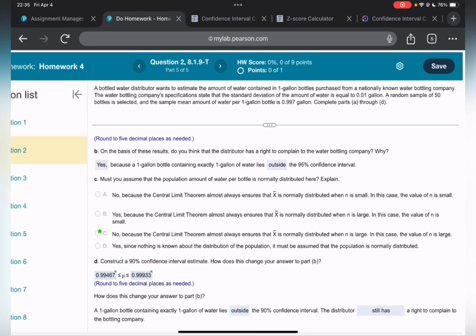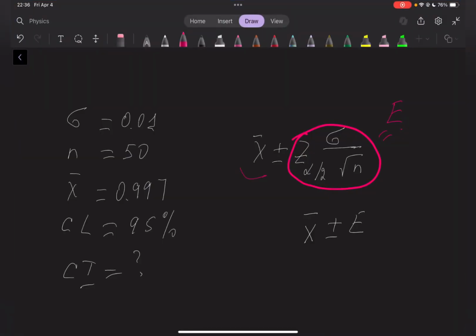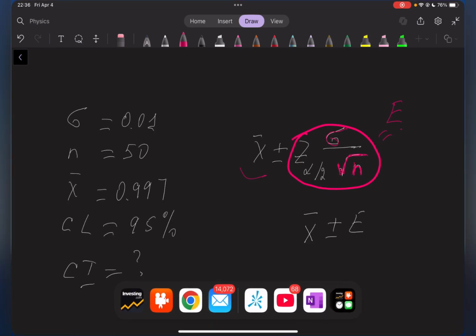Okay, and to show you here, by the way, you see sigma divided by square root of n. This is where we combine and use the formula for the distribution. For the standard deviation, you divide by the square root of the total amount, meaning the sample size.